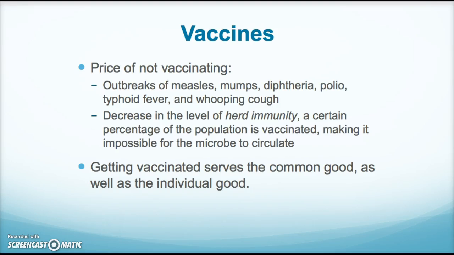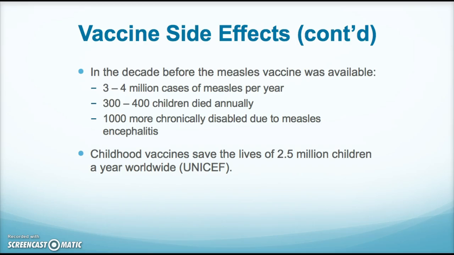As long as a high enough percentage of the population is vaccinated, there is protection for those who cannot be vaccinated. And so this is a really important part of vaccinations. So getting vaccinated not only serves that common good of protecting those that can't be vaccinated, but it also serves the individual good, because the person who gets the vaccine will not get the infection.